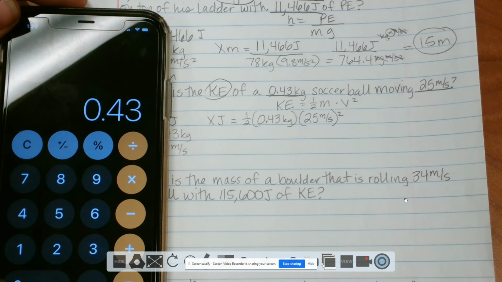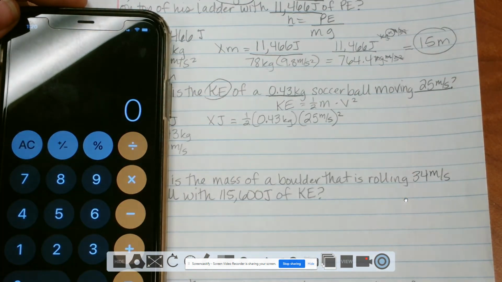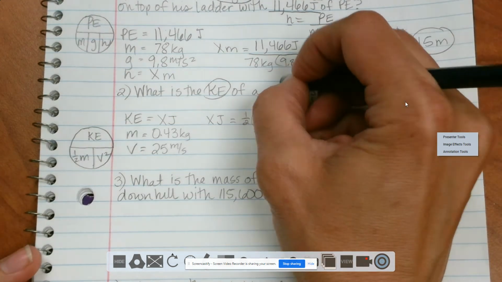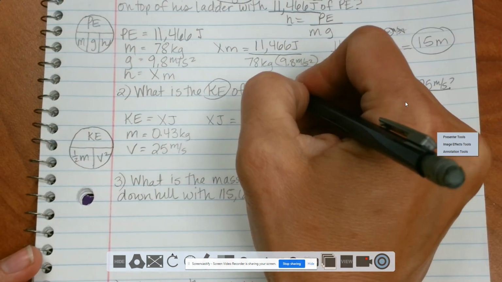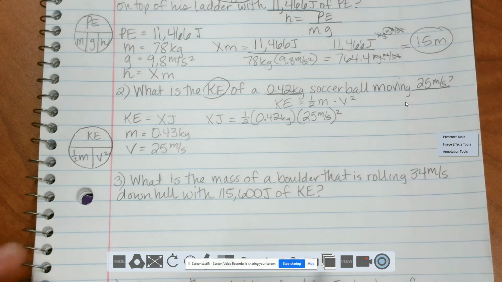Oh, sorry, it's 0.42, not 0.43, guys. I was like, that number doesn't look right. Here we go. Sorry, 0.42.